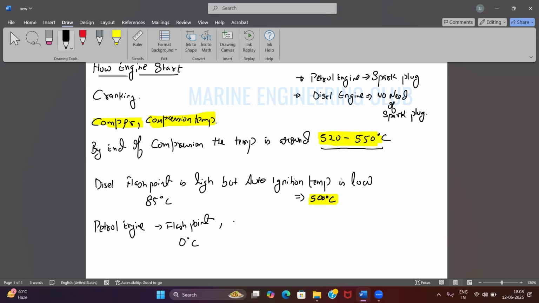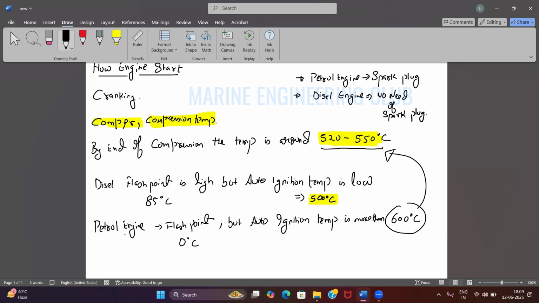It will give vapors even at 0 degrees Celsius, but the auto ignition temperature is high, more than 600. So this is not lying in between this phase that I'm generating at the end of compression. Agreed?